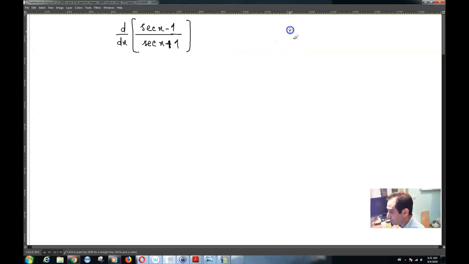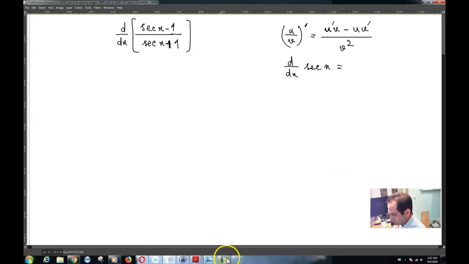Now you know that u divided by v whole prime is equal to u prime times v minus uv prime over v squared, and also d by dx of secant x is equal to secant x tan x.